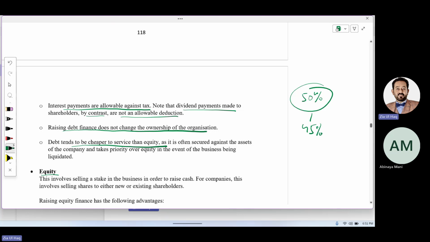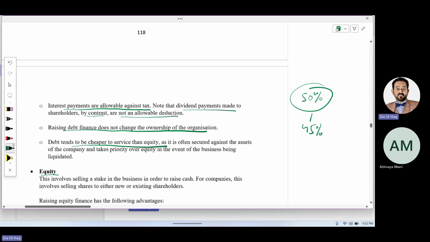You have to involve brokers in issuing shares, and to brokers you need to pay commission. That's why issuing a share is costlier than debt. In debt, there is no such cost involved. You just need to negotiate with the bank. If the bank approves, you can take the loan. You don't need to pay any commission to brokers. So it is the advantage of debt. Debt is cheaper than equity.